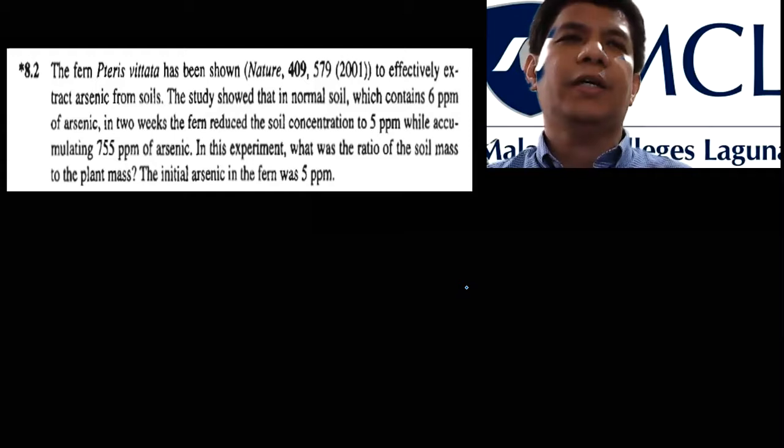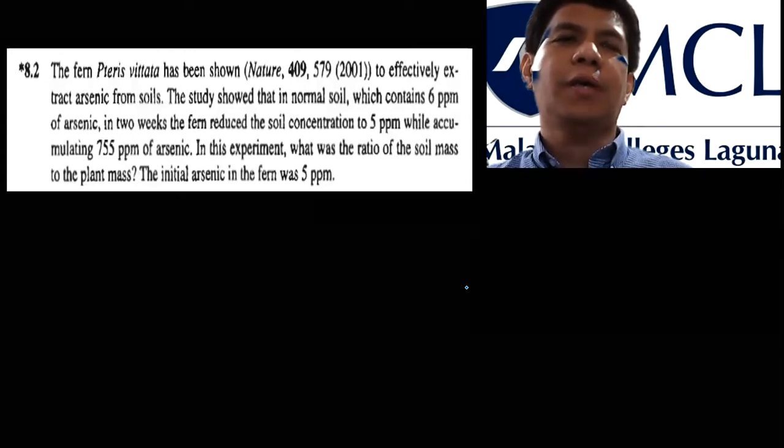So arsenic is a toxic chemical that is naturally found in soil, or in some cases it's also a pollutant from industry. Anyway, arsenic is a toxic chemical. So that's why they try to do some research to remove it from soil.